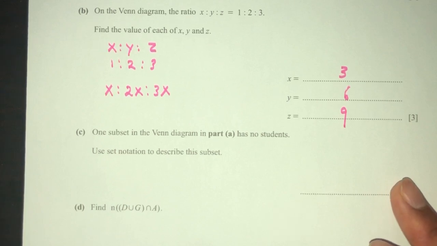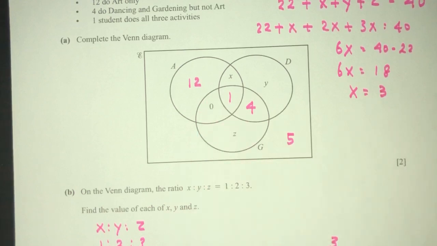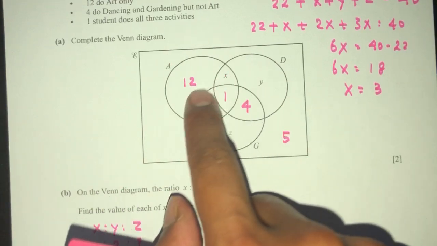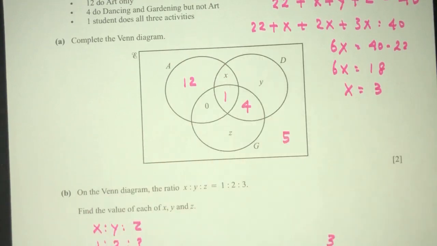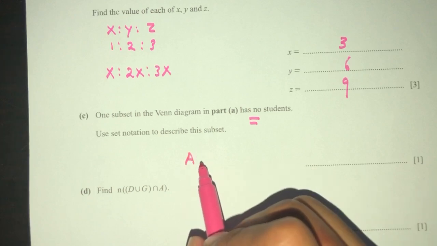Now for C, one subset in the Venn diagram in part A has no students. So 0 will be right here. As you can see this one, how would you describe this set? It will be the set where this is joined with this, but not this, right? Makes sense. So A, it will be what?